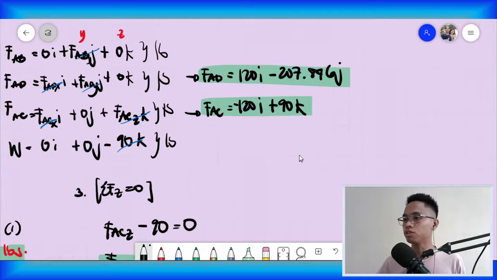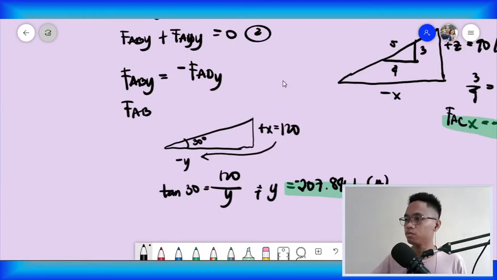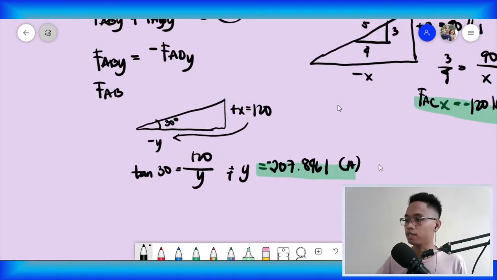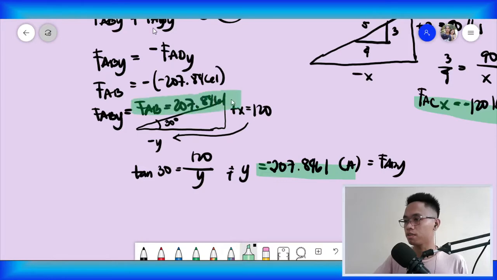Here we have your FAD and your FAC, so only FAB is left. Using equation 2, we have your FADY, which is negative 207.8461. Therefore, the negative of the negative 207.8461, our FABY, which is also our FAB since it is only in Y, is equal to 207.8461. And that is our final answer.